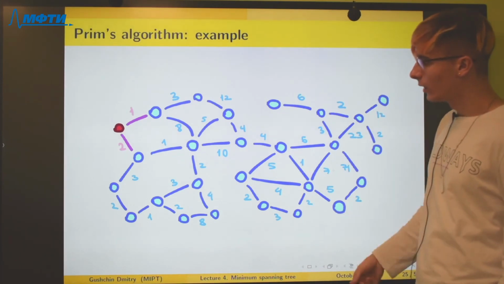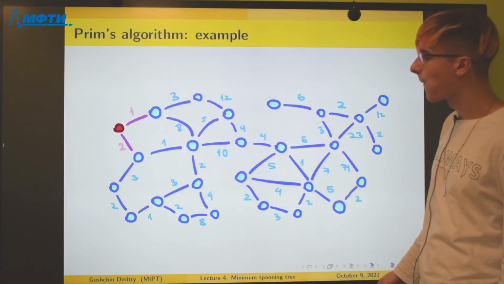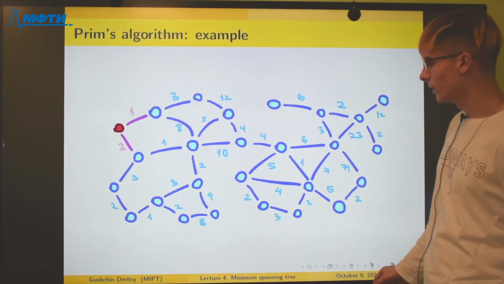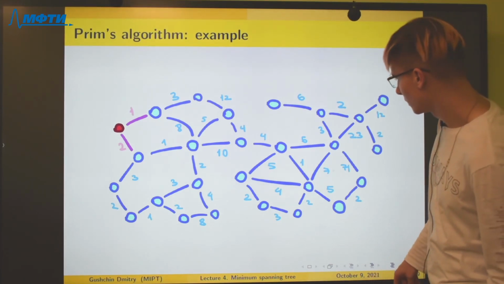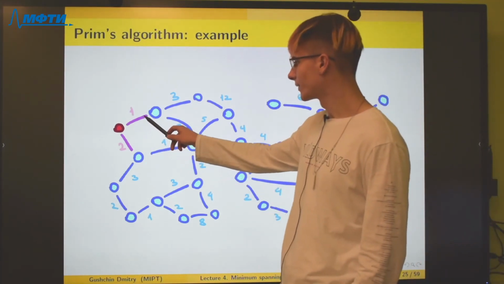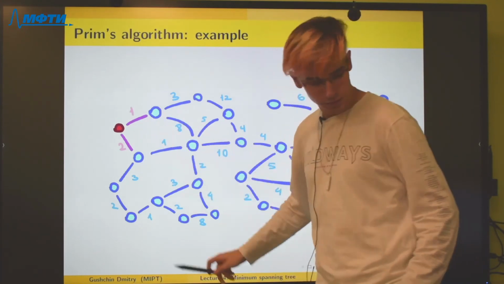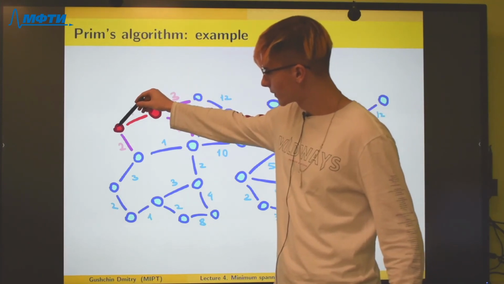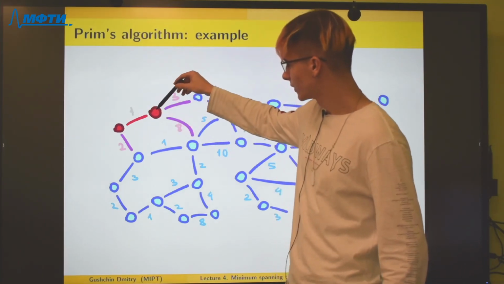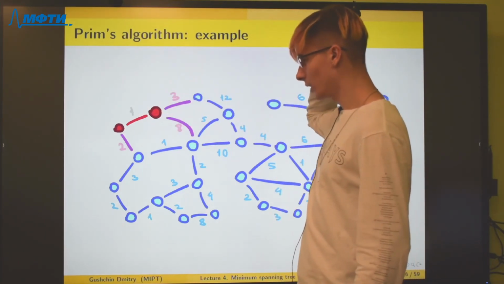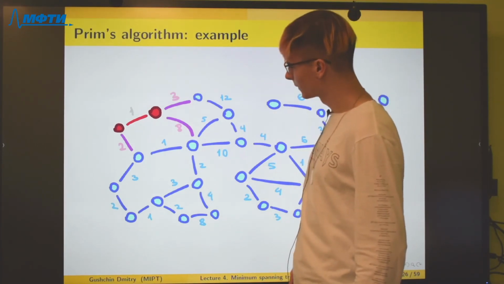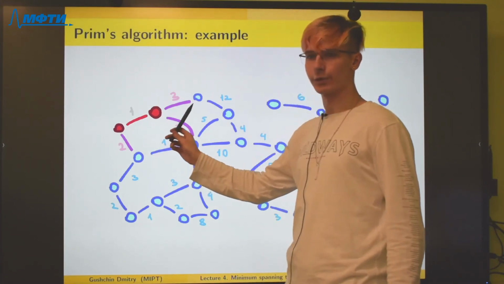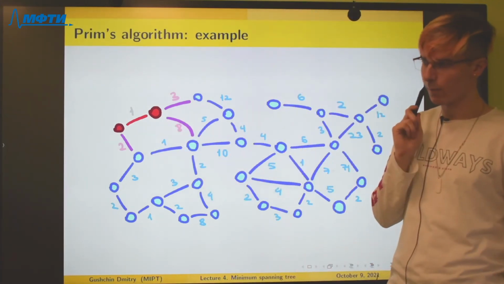And then when we add different vertices, for example this one, we can say for this vertex the minimum is equal to 2, for this equal to 3, and so we can find the minimum of edges from the minimum for each vertex in this tree.